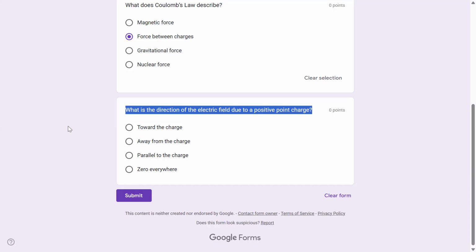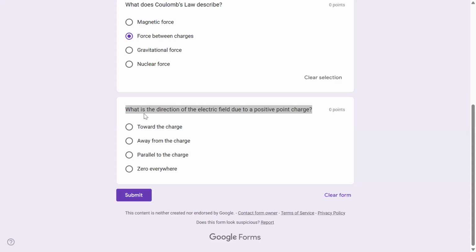So we can draw electric field lines, which are imaginary lines by which we can imagine how the electric field passes away or towards a charge, depending upon whether it is positive or negative.